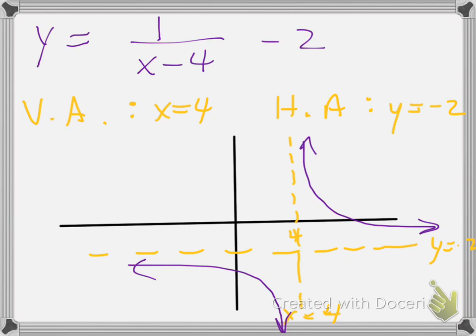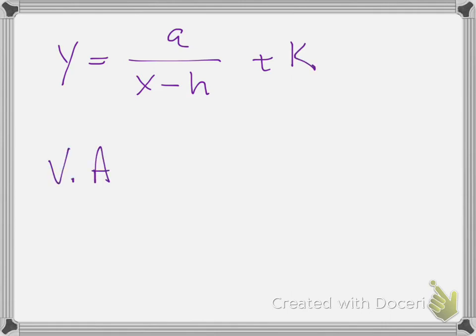Now let's go back to the formula. F of x, or y, equals a over x minus h plus k. The vertical asymptote is always x equals h.